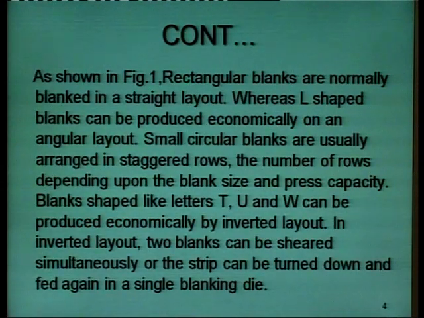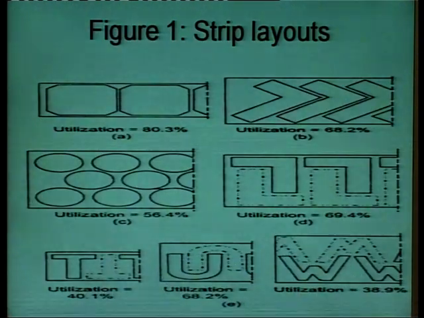Now, small circular blanks are usually arranged in staggered rows, meaning uneven rows, and the number of rows depends upon the blank size and press capacity, whereas blanks shaped like letters T, U and W can be produced economically by an inverted layout, meaning one letter straight and the other inverted. This I can also show in the diagram.